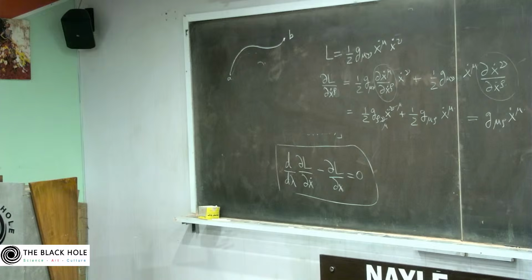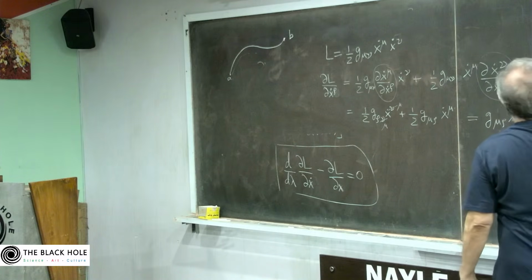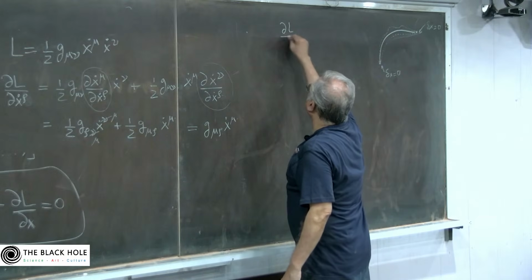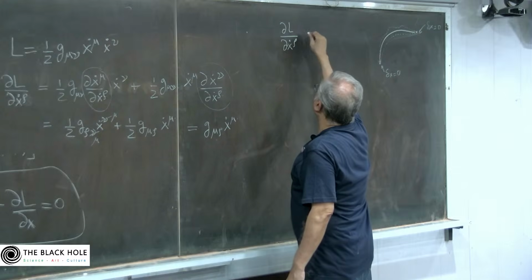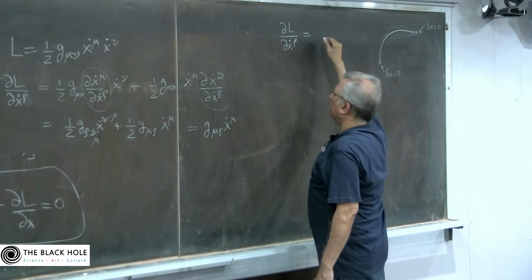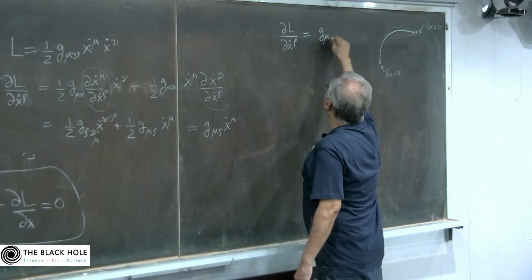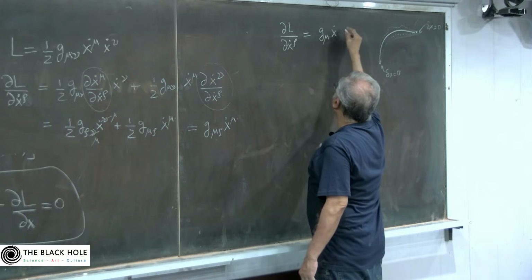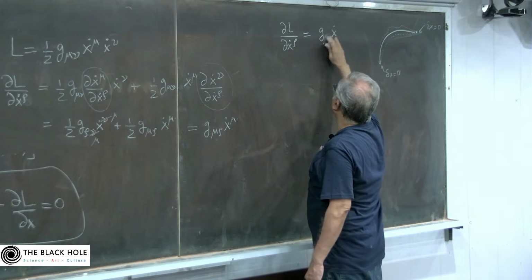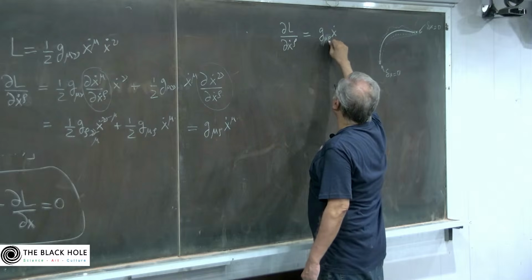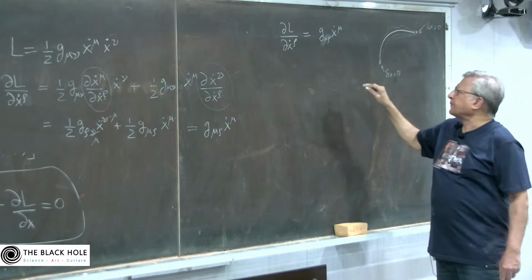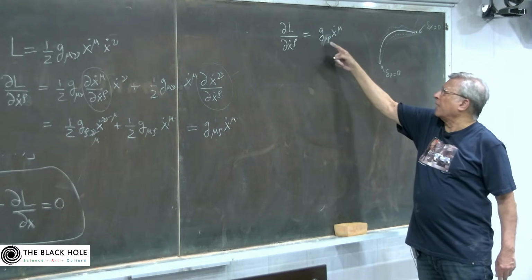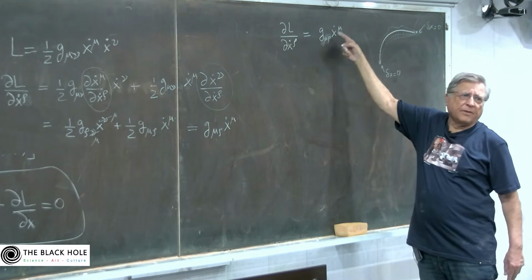Let's write down our result over here, so we have dL by d x dot rho. And now notice one thing, the mu has been eaten up.